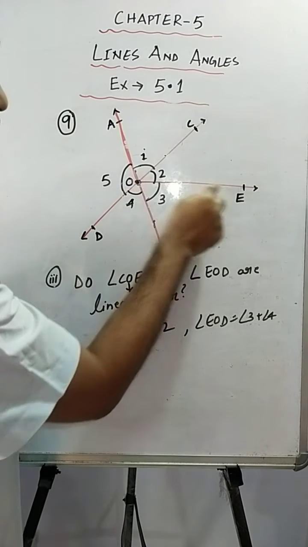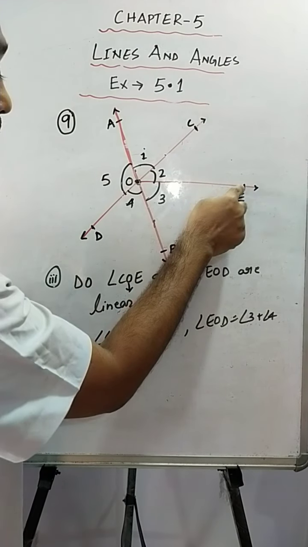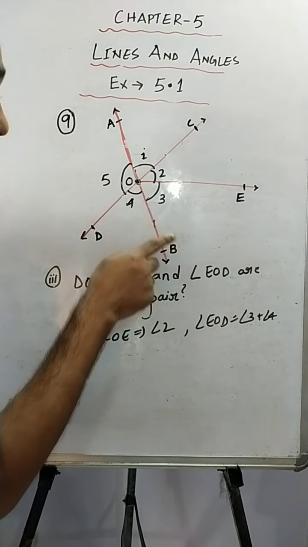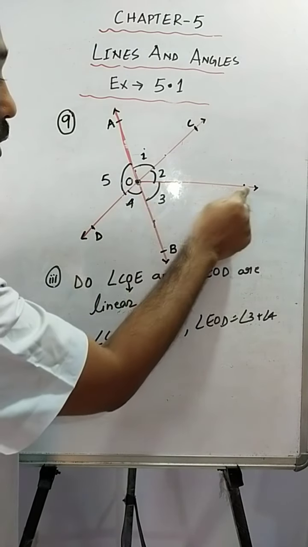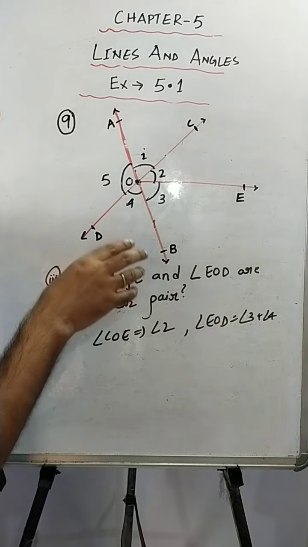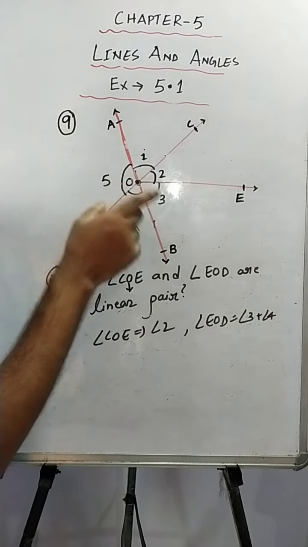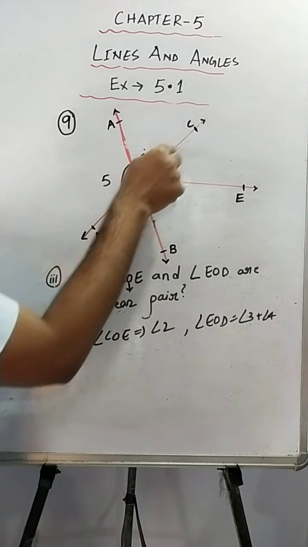Now for COE, first you see whether they are adjacent or not. COE and EOD, yes, they are adjacent because they share the common point and they have a common side, that is common arm OE. Now we have to see whether they add up to 180 degrees. Well, yes. This is a straight line, isn't it?